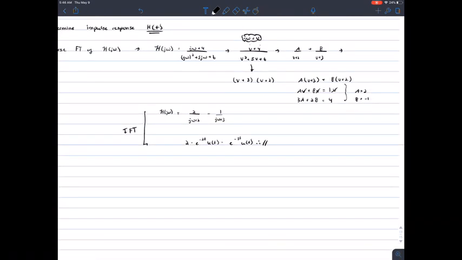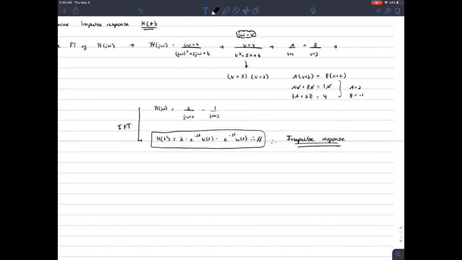You'll end up memorizing it. I didn't even have to look at the sheet for that. And this is h of t, which is the impulse response. Got this from the sheet, just to let you know.